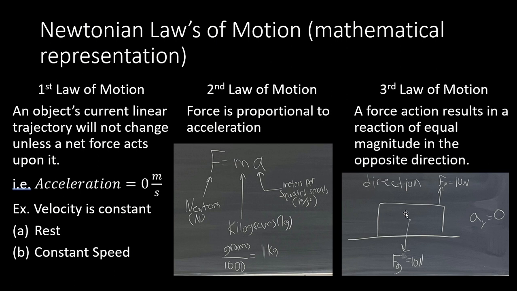Hence, the reason why if we have something on a table, it's not accelerating in the y direction whatsoever, because the sum of the forces in that direction add up to 0. If force equals mass times acceleration, if force equals 0, then no matter the mass, acceleration will have to be 0 as well.